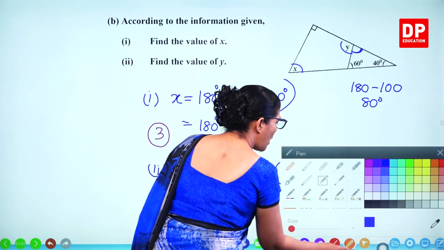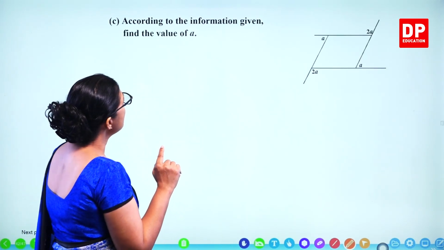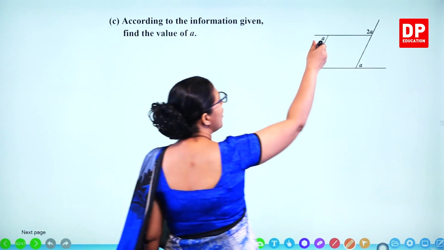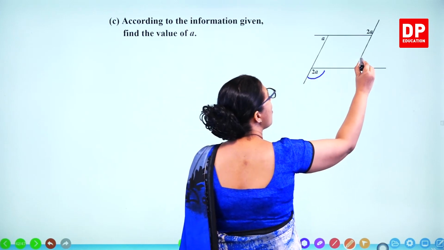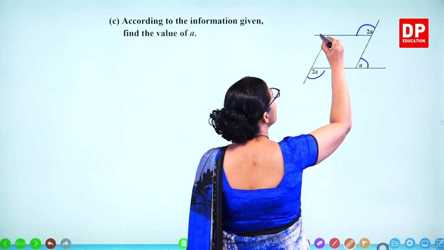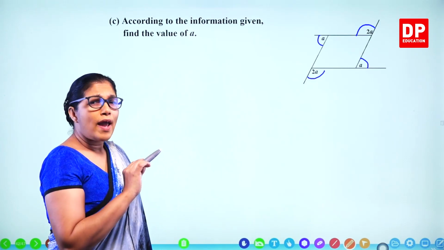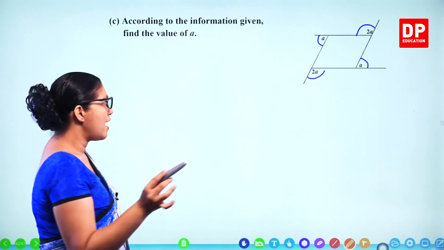Let's take the next one. Part C. According to the information given, find the value of A. So what are these angles? When you extend the line clockwise or anti-clockwise, you are getting all these exterior angles. For any polygon, the sum of exterior angles adds up to 360.